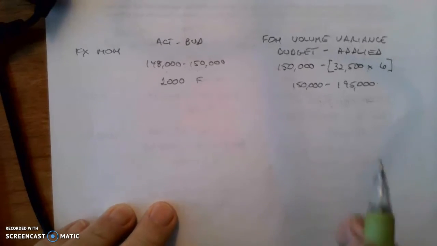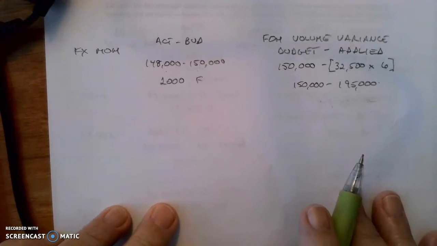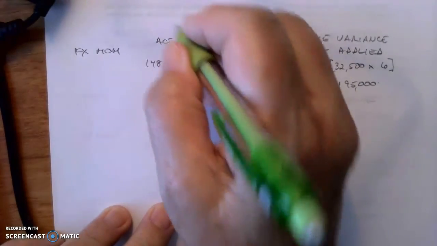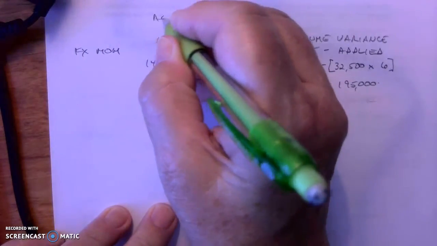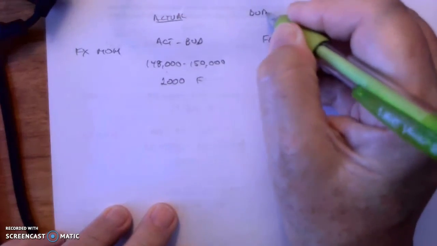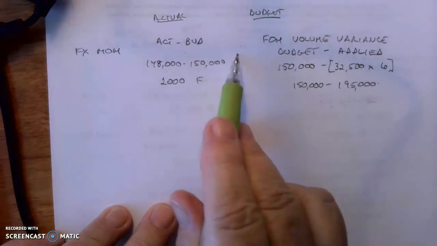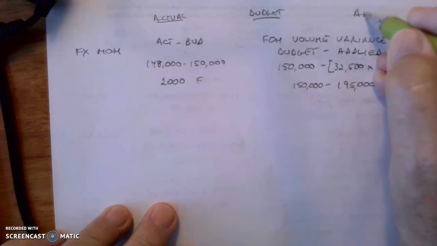Okay, I was just thinking, the way to really look at this, and I actually think that your book is like this, is that we've got three columns again. Actual, budget, the difference between actual and budget here, and this is what's applied.